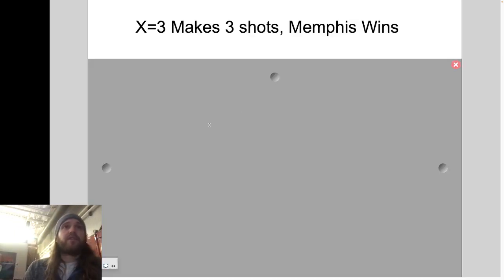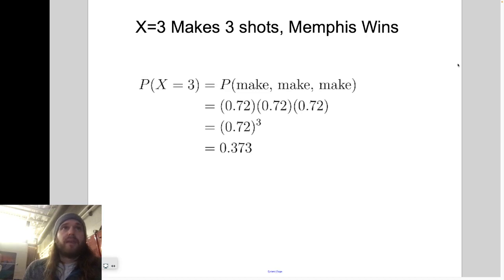And then, of course, the last situation is he makes all 3 shots, which is 0.72 times 0.72 times 0.72, which is 37.3%. So there's a pretty good chance he could make all 3 and Memphis could win. So we have all 3 of these. This makes up our probability distribution: we have every value, and we have all of those values' probabilities.